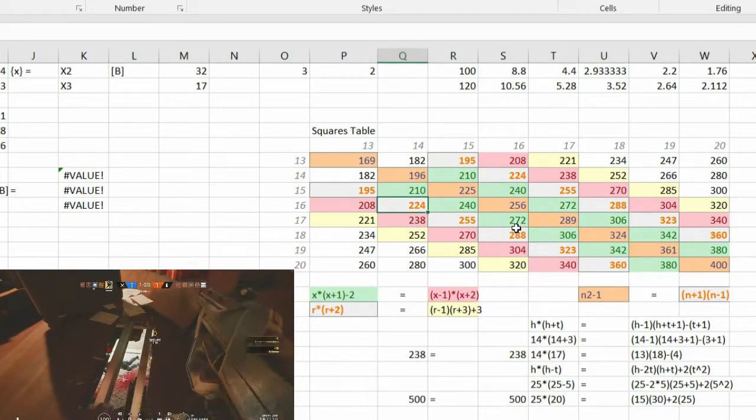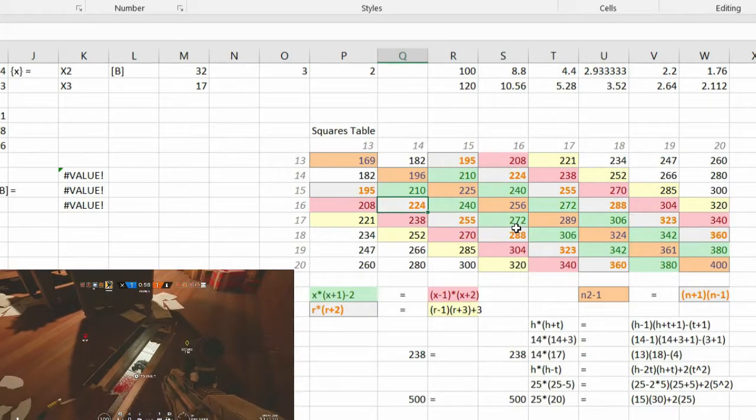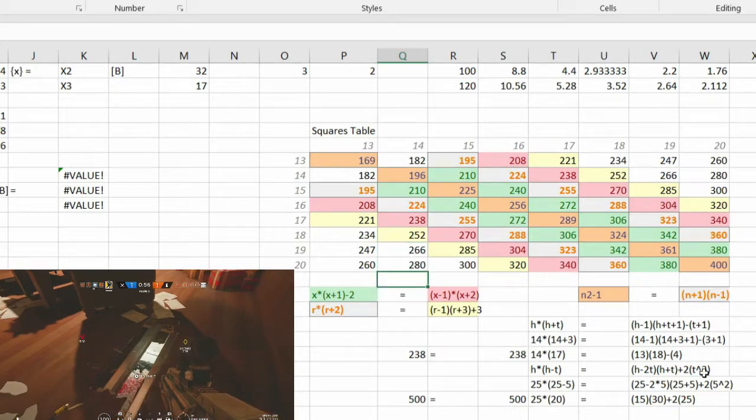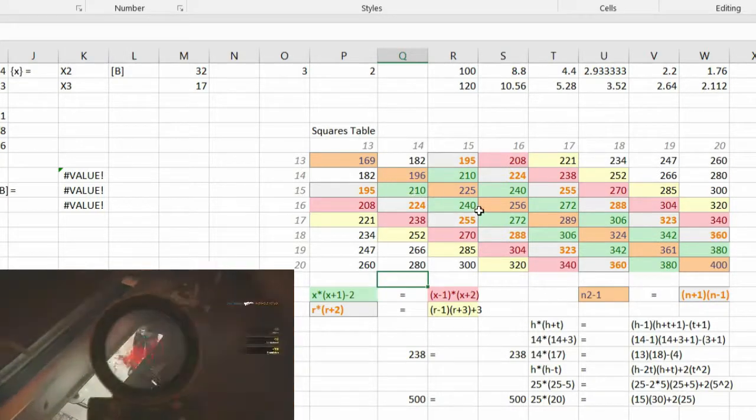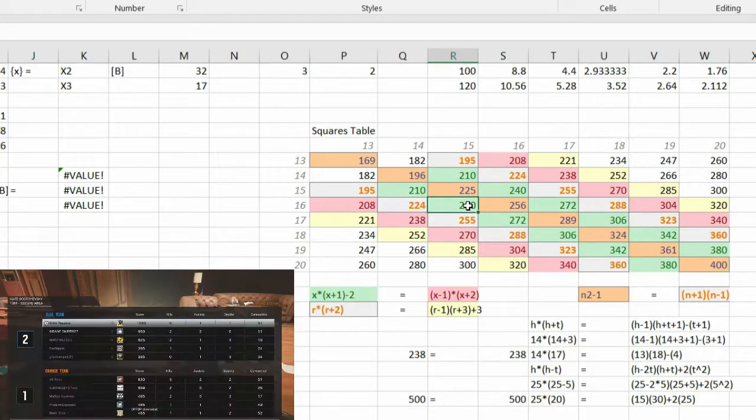But I just derived that formula even further. So here we have x times (x plus 1) minus 2 equals (x minus 1)(x plus 2). In this case, we're going to have 15 be x.